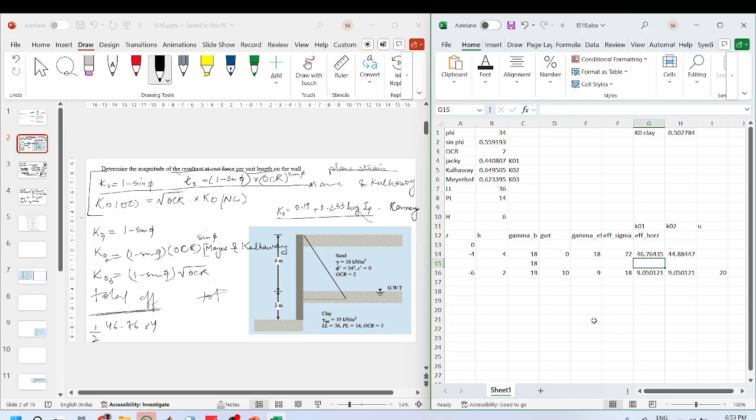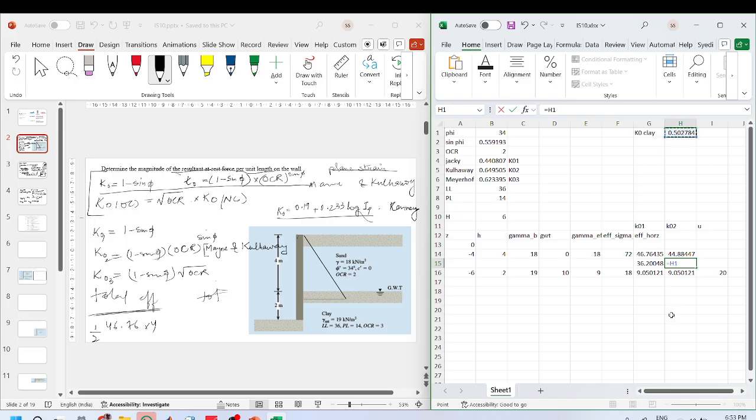Basically, what we have to do here is multiply the overburden with the clay Ka. What we need is we multiply with the same overburden.